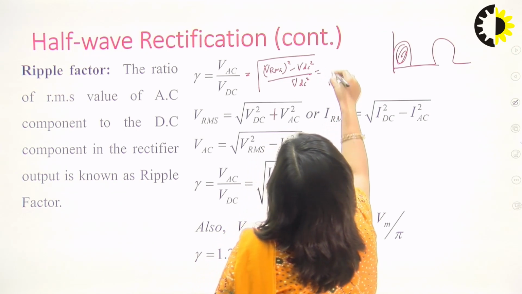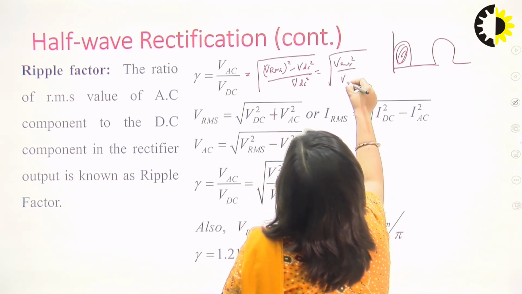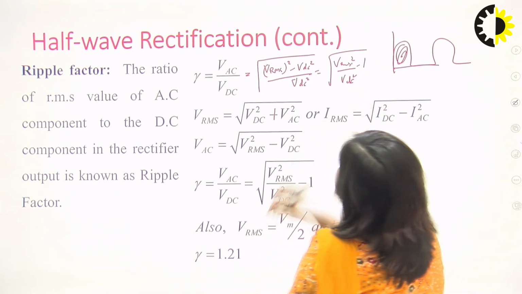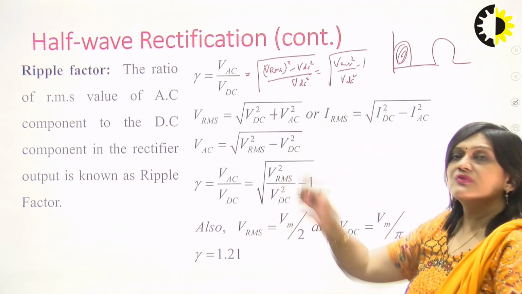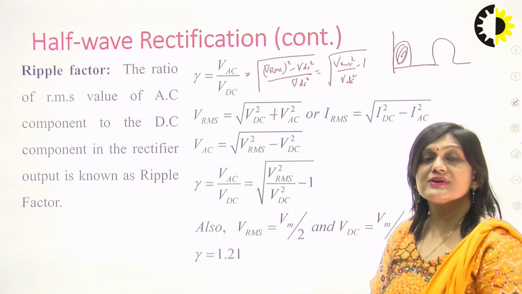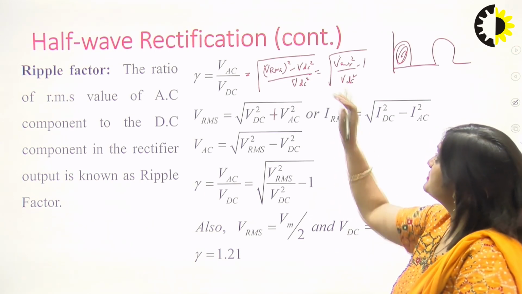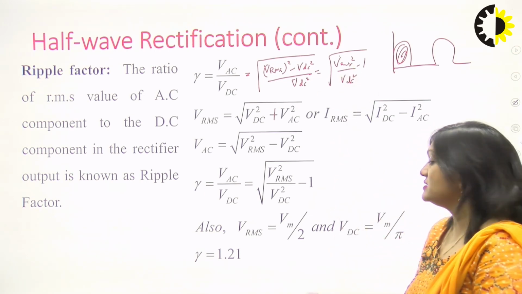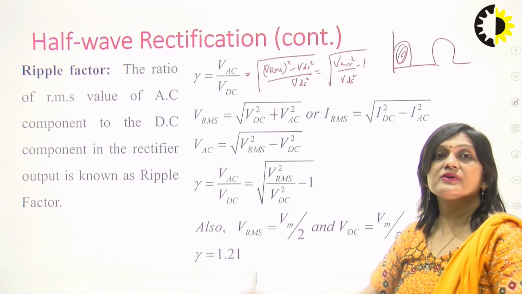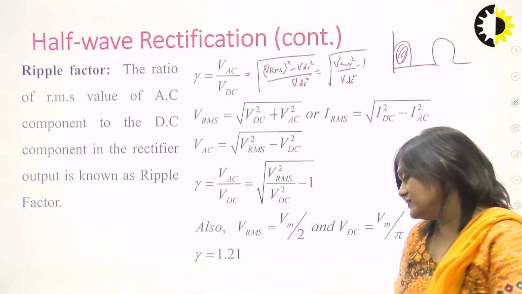So it will be VRMS whole square upon VDC whole square minus 1. Now here we can put the value of VRMS square and VDC square. For half wave, VRMS is Vm by 2 and value of VDC is Vm by pi. So we can simply put the values here and we can find the answer, that is 1.21. So in case of half wave rectifier, ripple factor is always 1.21.